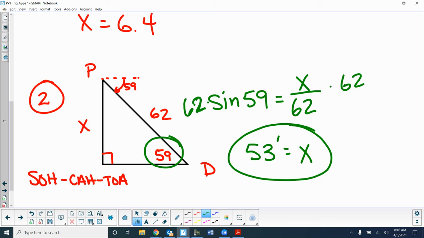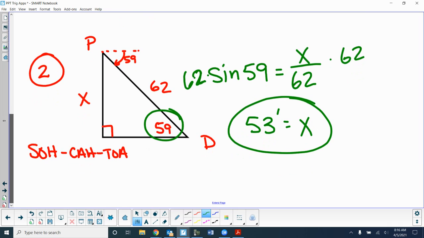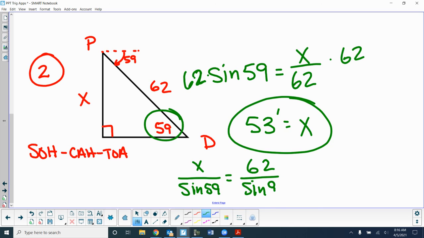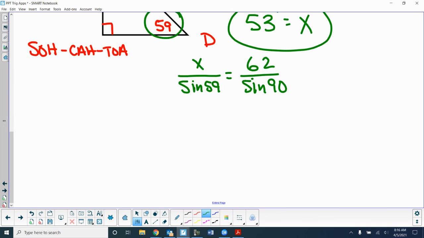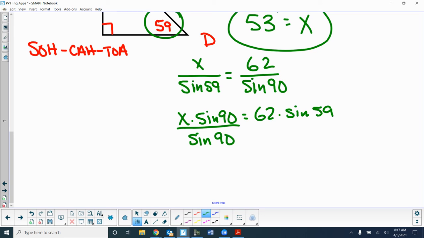Now, if you did it with law of sines, it should give us the same answer. Let's see if it does. Okay, so we would go x over the sine of 59 equals 62 over the sine of 90. Okay, so we would cross multiply, x times the sine of 90 equals 62 times the sine of 59, and then divide by the sine of 90.